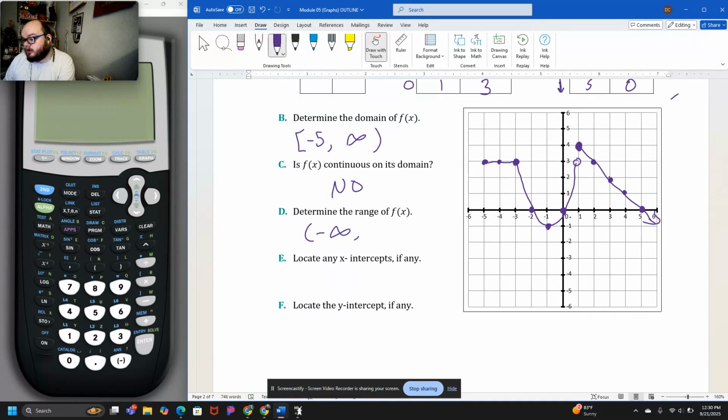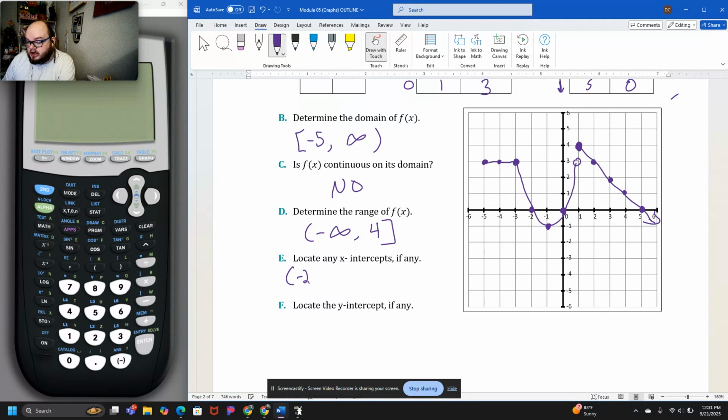Now, where do we stop on the range? We stop at 4. Okay. Now again, that range is filled up because there may be a hole at 3 on this parabola, but there's not on that first function and there's not on that second function, so the range will indeed go on forever.